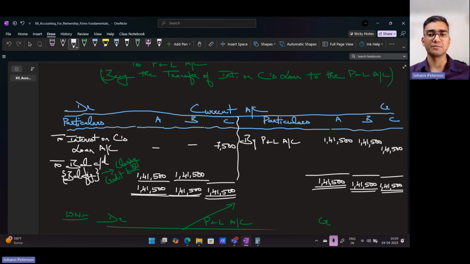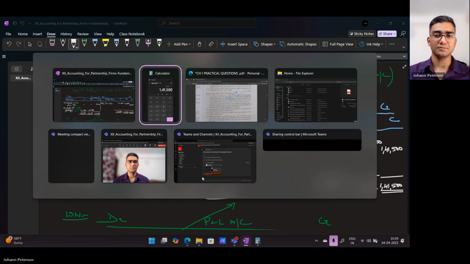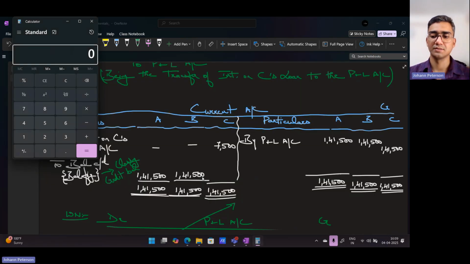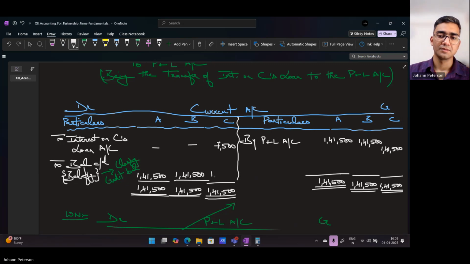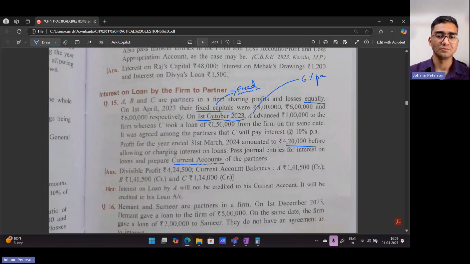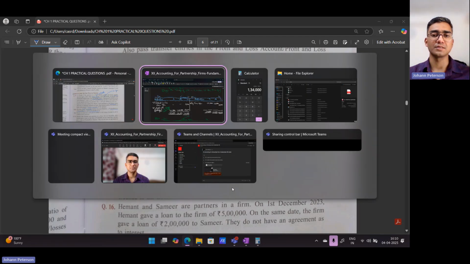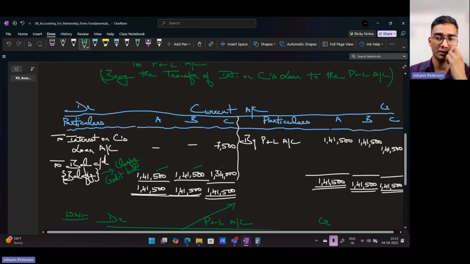And the last balance would be 141,500 minus 7,500, which is 134,000. So your answer, let's check what it is. It says divisible profit is 424,500, which is correct. And the current account balances are 141,500 for A, 141,500 for B, and 134,000 for C, which is the same as we have calculated.